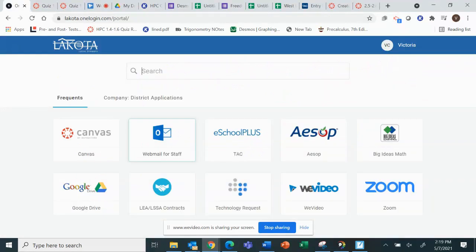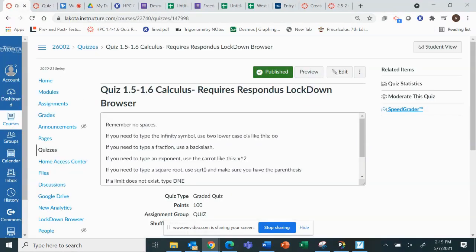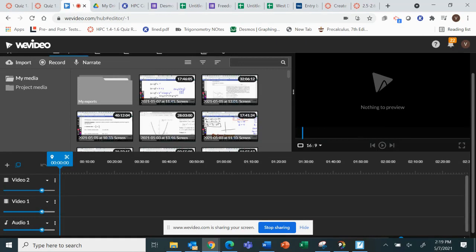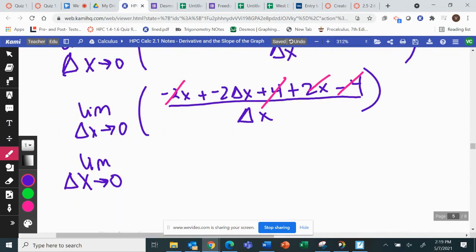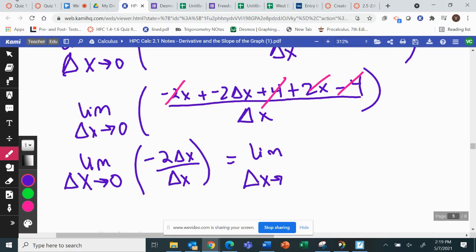So now I have the limit as delta x approaches 0, and I have -2 delta x over delta x. So when I do that, I've got the limit as delta x approaches 0 of -2. So now there's no place to plug in 0, but the answer is just -2.